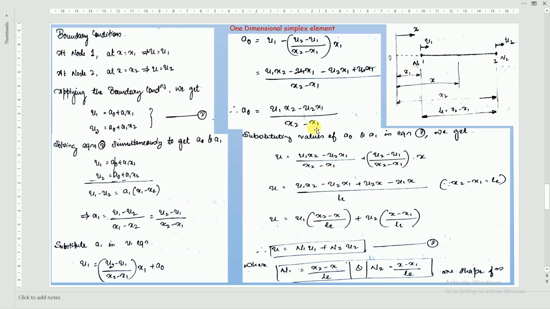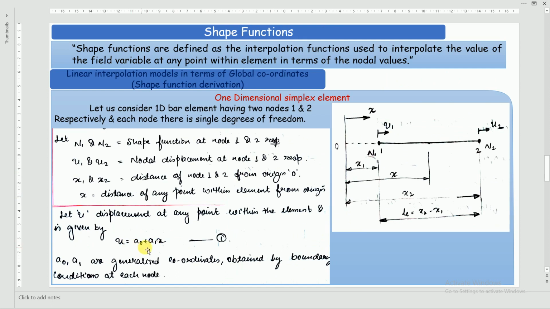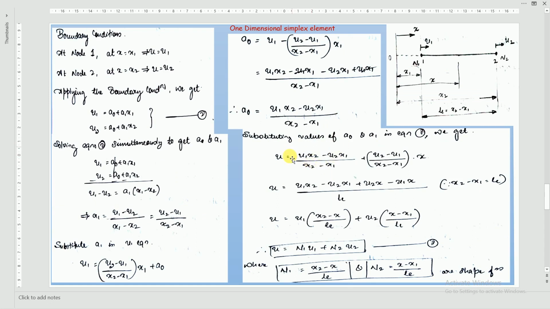Okay. Let me first explain the next part also. Now you got these two values, A0 and A1. Now substitute these values of A0 and A1 back in equation 1. That is this equation. So what is A0?